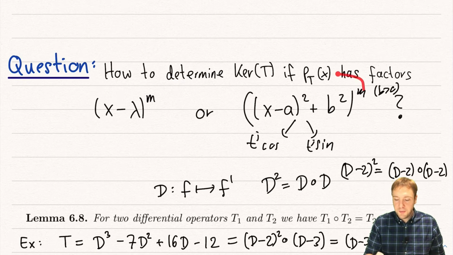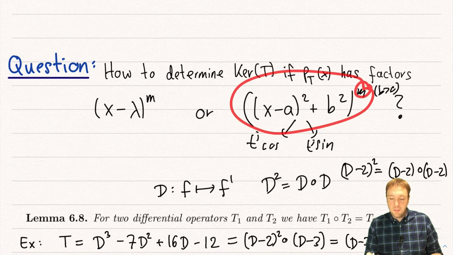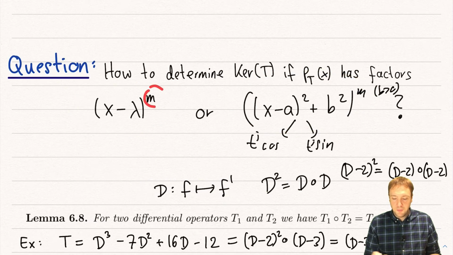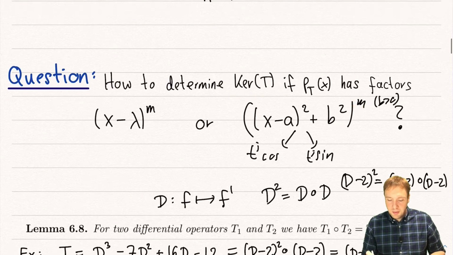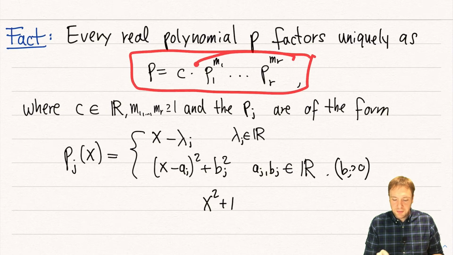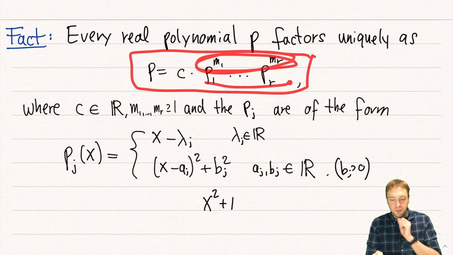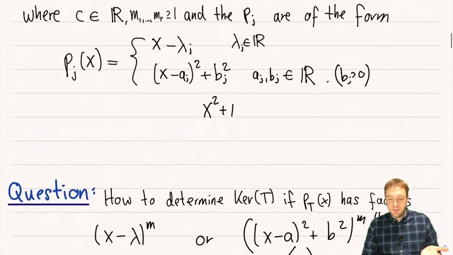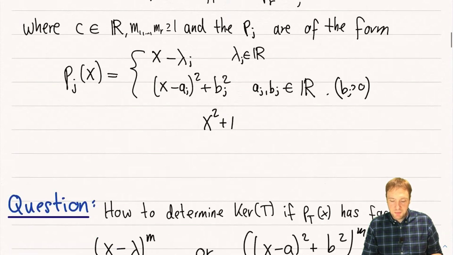So in total this factor also gives 2m functions, and this factor here gives m functions. So the number of functions we get in this kernel corresponds to the degree. So in total, if we have a polynomial like this, which has a degree which is given by the sum of the degrees of these factors, then we get now exactly n linearly independent functions in the kernel.